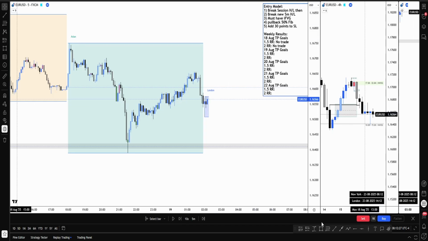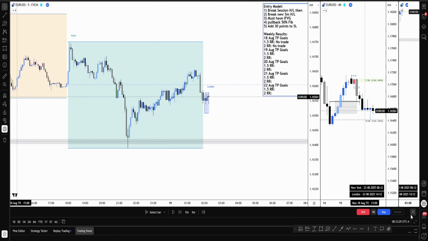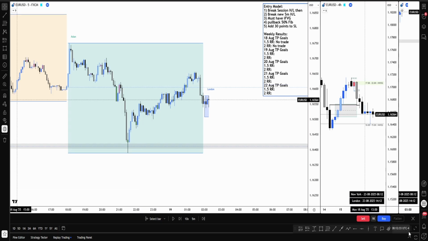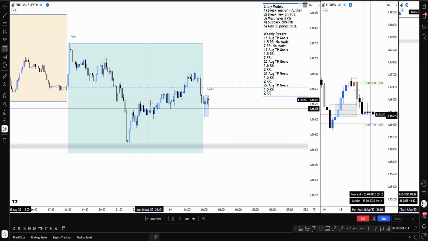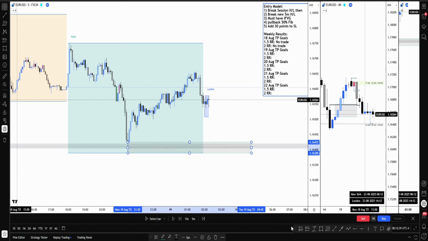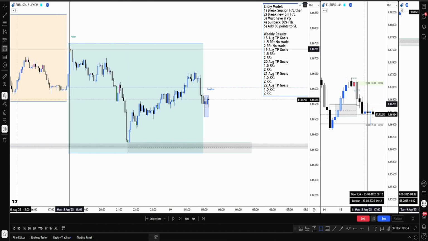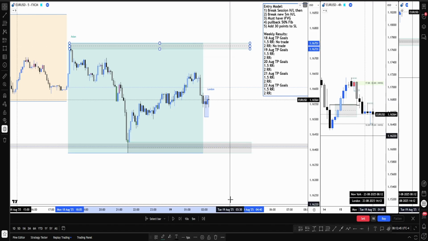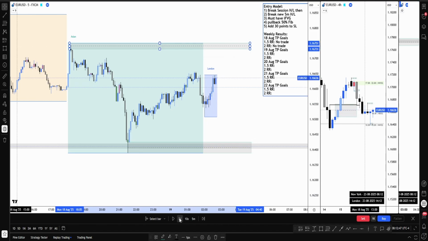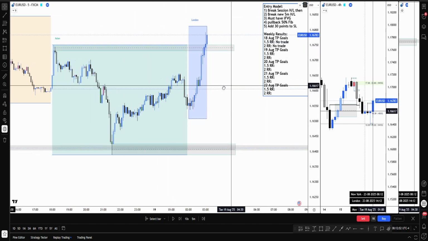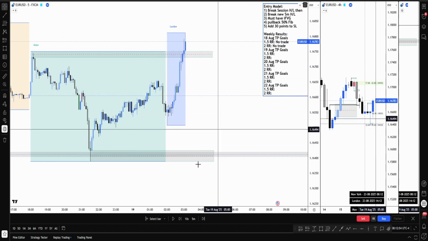Alright, in London session we do what we always do, by highlighting the session lows and highs. Alright. Let's move. Okay. Breakout of the Asian session. Perfect. Inside London session now.